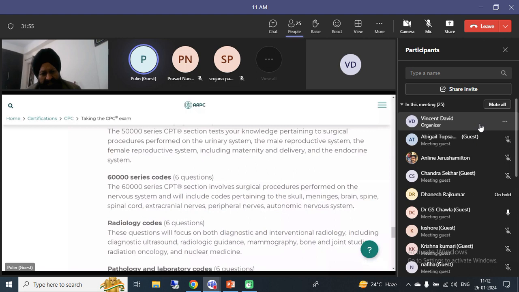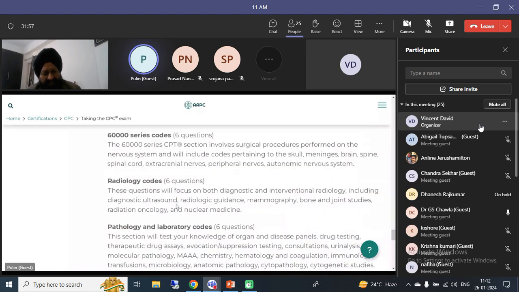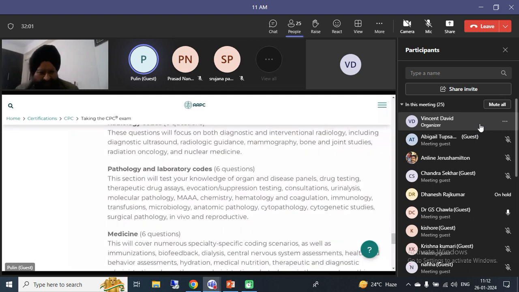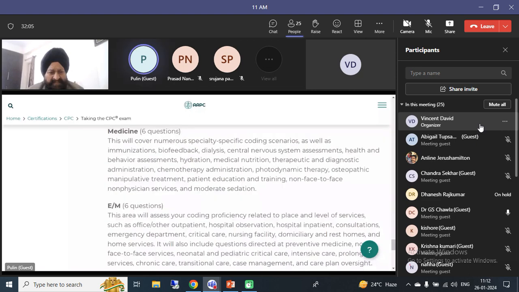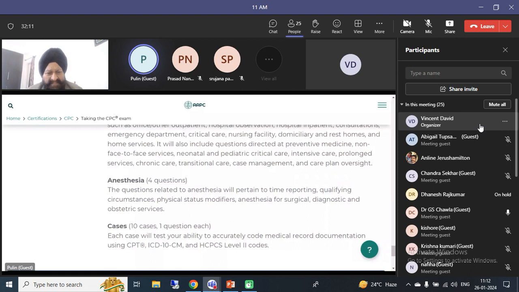Then we have radiology codes, 6 questions, and pathology and laboratory, 6 questions, and medicine, 6 questions, and lastly E/M, 6 questions, and anesthesia, 4 questions. Only 4 questions. Anesthesia is a comparatively easier section, and lastly there are 10 cases.